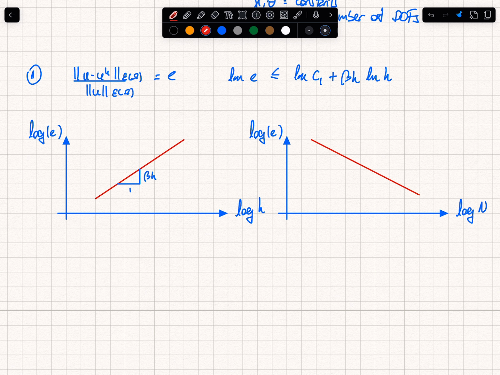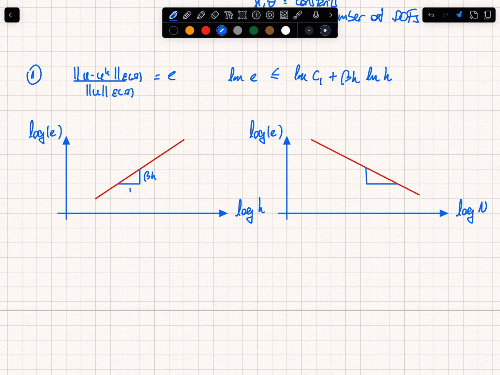And so now, of course, the slope is negative because we are expressing it in terms of the degrees of freedom as opposed to h. But now the rate of convergence is, let me see here. I cannot draw a straight line.